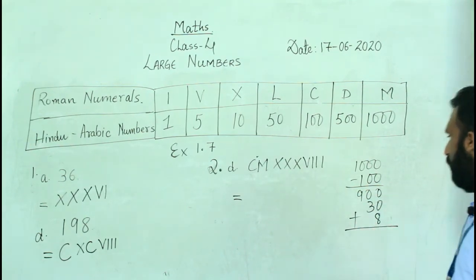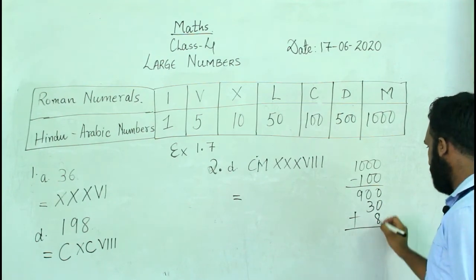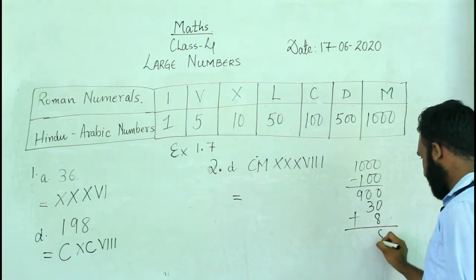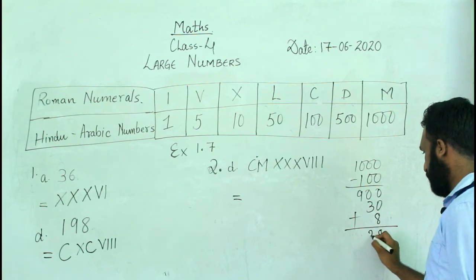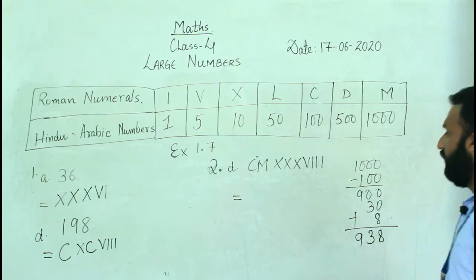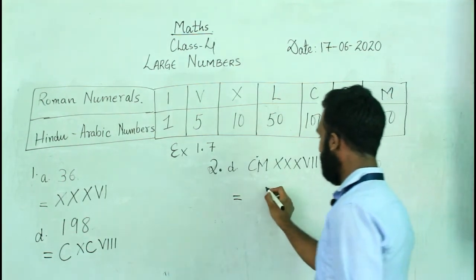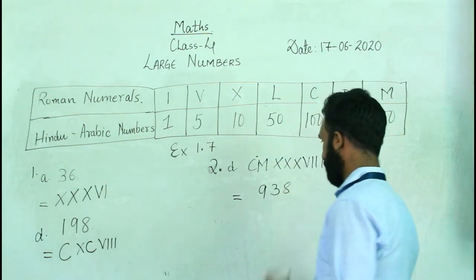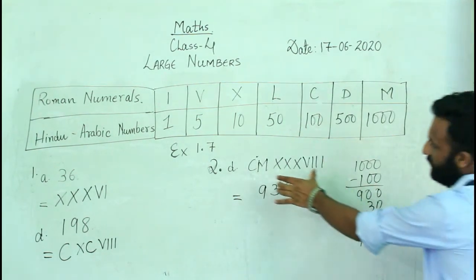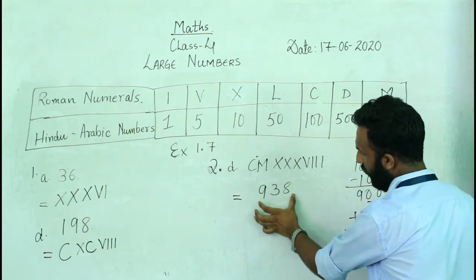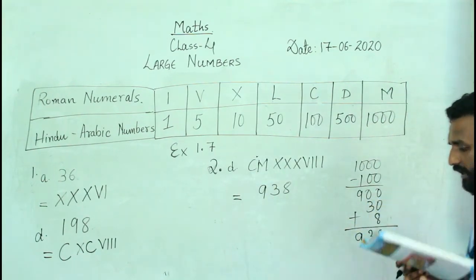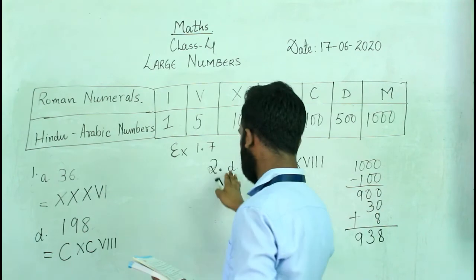If we add all this, 8 plus 30 plus 900, the number is 938. The number given here in Roman is, in Hindu Arabic, 938. This one is for D.